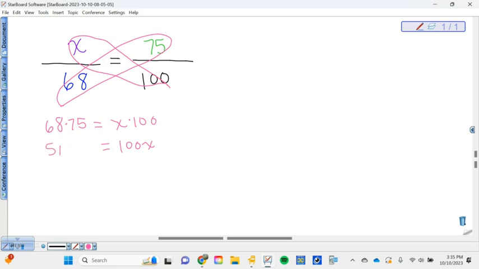Good, 5,100. And now how do I solve for x? Divide both sides by 100. And so what do I get? Perfect. X equals 51. So that's one way we can get there. 51 is 75% of 68. Okay, I can write a proportion and then solve it from there.